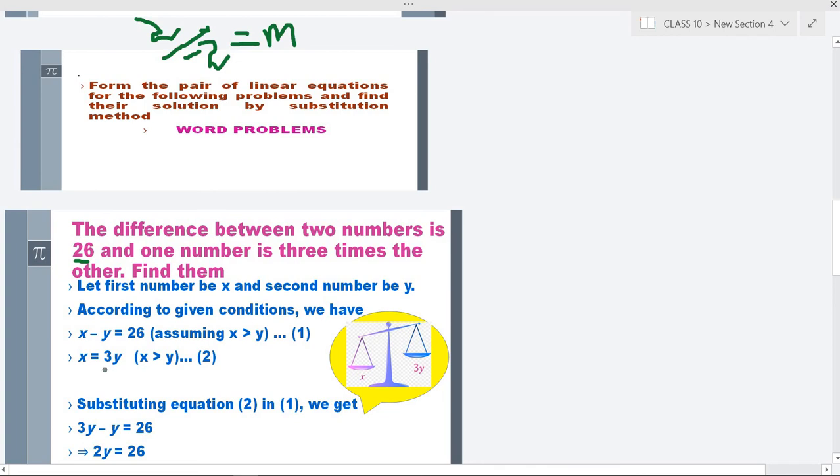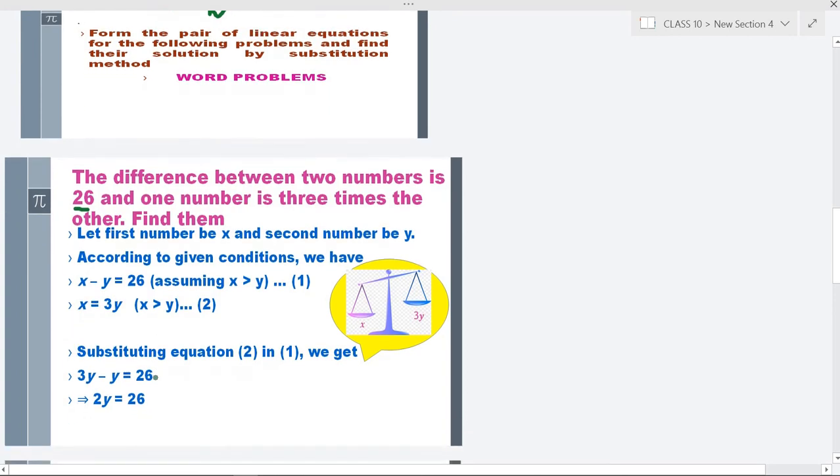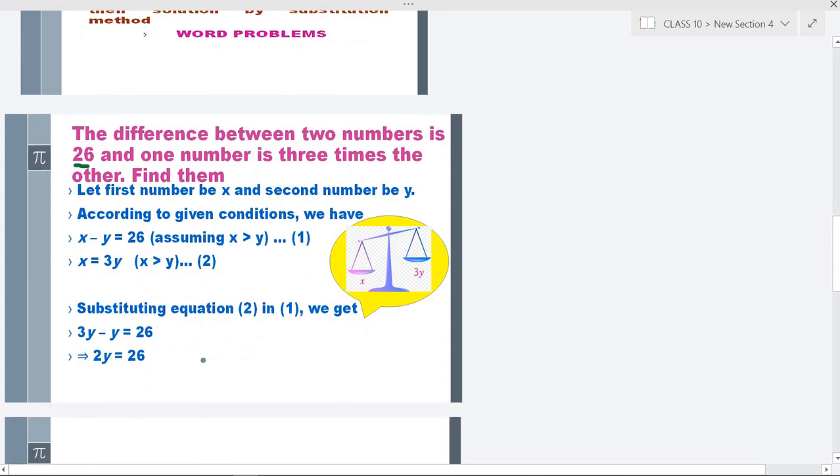That is why we are multiplying the smaller number with 3. So you apply the second condition and get the second equation. Once you get both equations, the sum is easier to solve. Usually word problems are easy to solve. The only challenge is that you have to form the equations correctly. Equation 1 and equation 2 should be formed correctly.